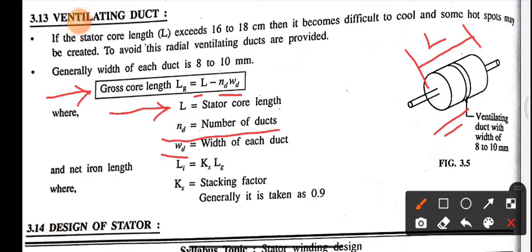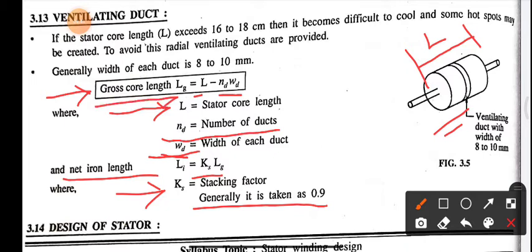Suppose each duct is of 5 mm, then your width will be 5. Now net iron length Li is equal to Ks into Lg. Ks is the stacking factor, which is generally taken as 0.9, and Lg is what we have already found, that is the gross core length.